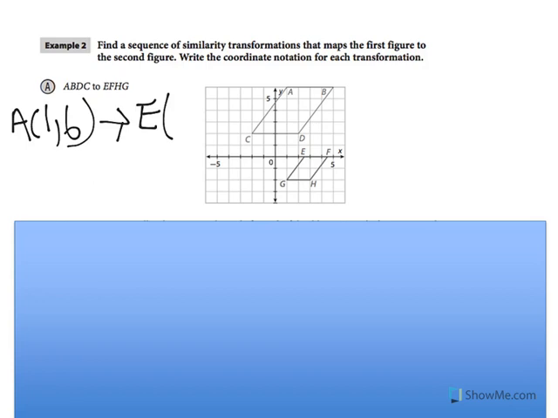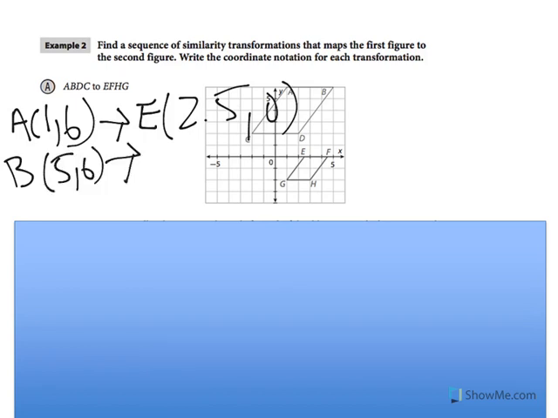So we find the coordinate for E is at (2.5, 0), and the coordinate for B is (5, 6), and we'll map to F. The coordinate for F is at 1, 2, 3, 4, so (4.5, 0).